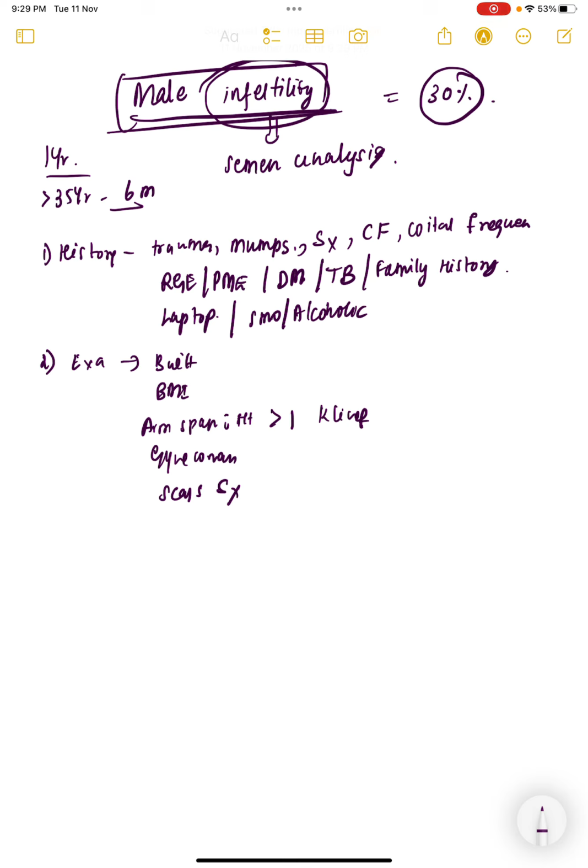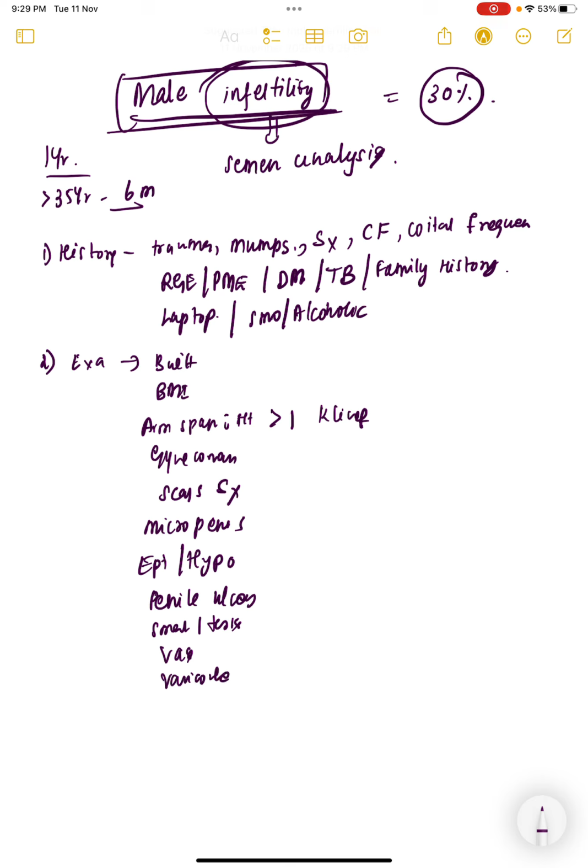When you check the penis, look for micropenis, epispadias or hypospadias. Then any penile ulcer, which may suggest multiple sexual partners. Then you palpate the testis in the scrotum to see whether it is small. You palpate the vas deferens, whether it is present or absent, and check for varicocele.